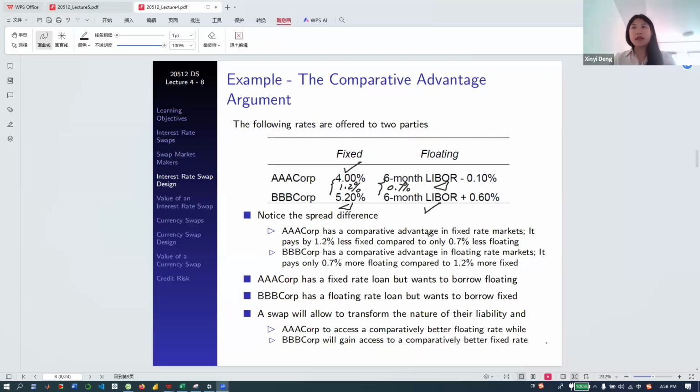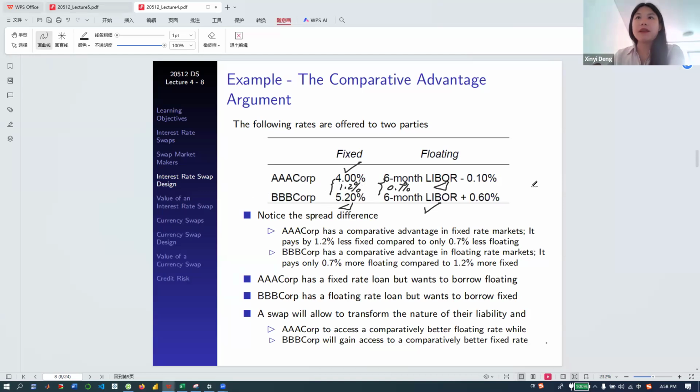So what's going to happen here is that without the swap, to enter into the market they desire, AAA Corp would be borrowing directly from the floating market. That's going to cost the firm 6 months LIBOR minus 0.1%. And BBB Corp, since it wants a fixed rate loan, is going to directly enter the fixed rate loan market and borrow at 5.2%.